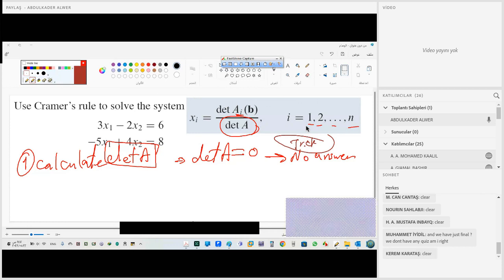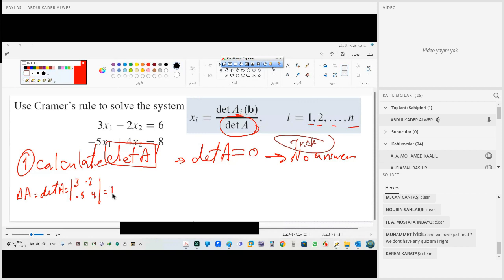Now let's calculate det A. Det A here, or delta A, use what you want. 3 times 4 is 12, minus minus 10, so it is 2.